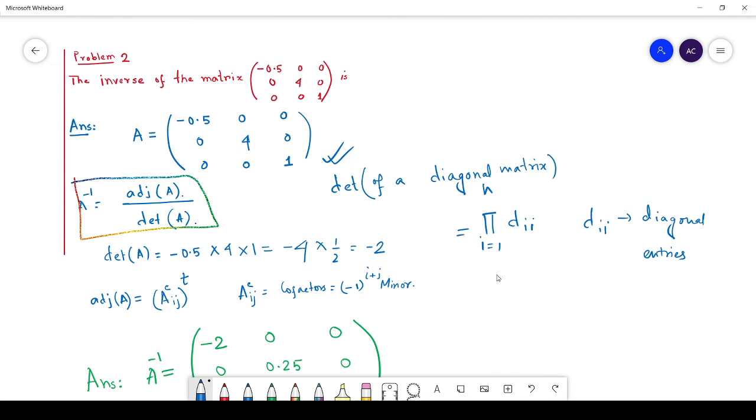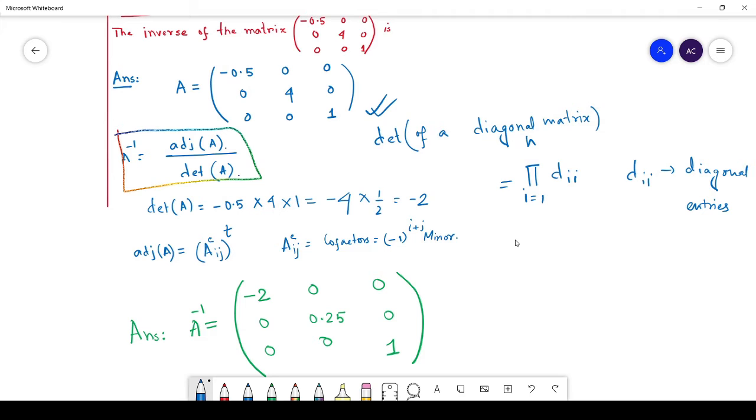Using this formula we can easily find the determinant here. It would be minus 0.5 into 4 into 1. That is how we have calculated the determinant, and the determinant value is minus 2 here.